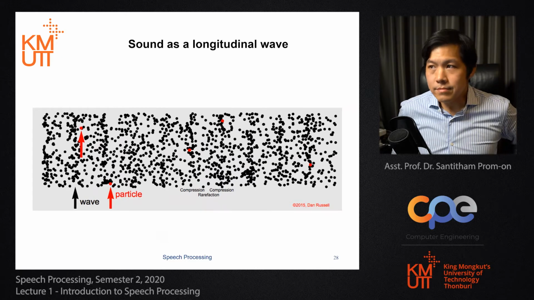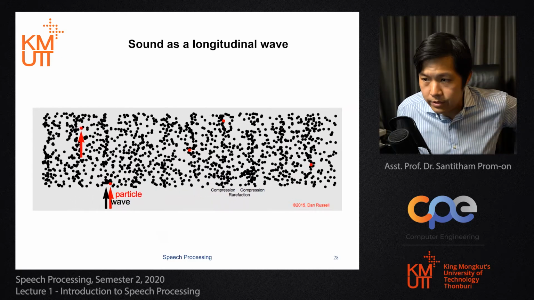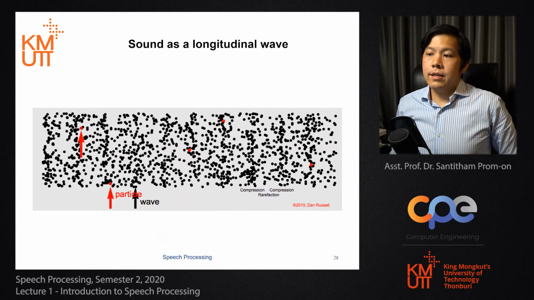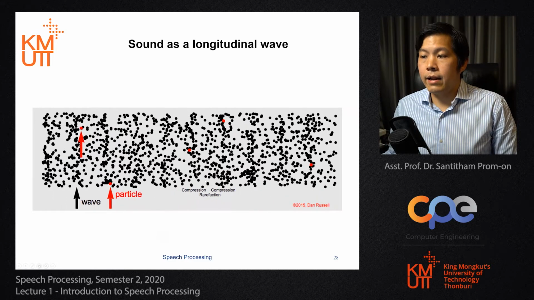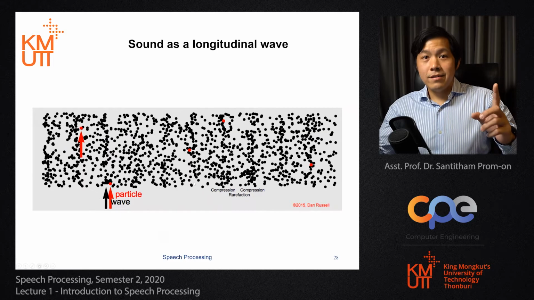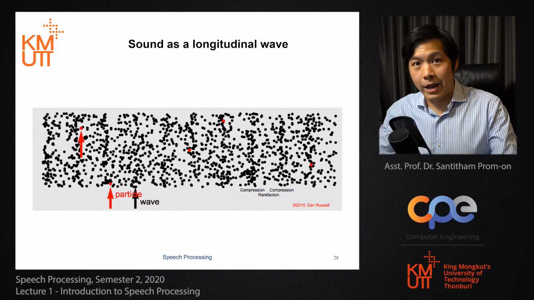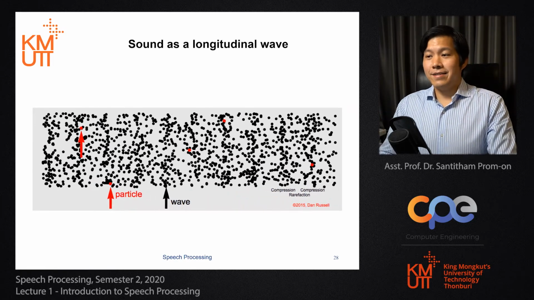Here, this is how the wave travels through space by means of condensation and rarefaction. Think about a traffic jam in Bangkok, just like that, right?